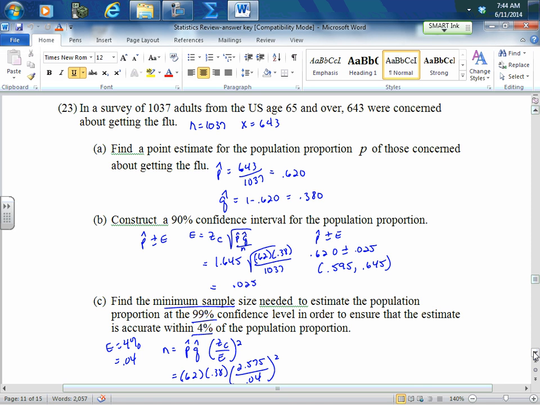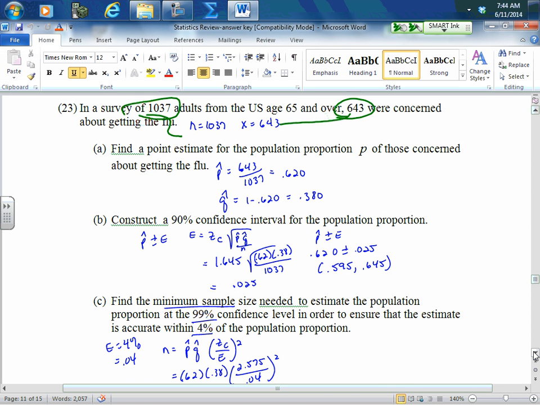All right, in a survey of 1,037 adults, there's your n. 643, there's your x. So we find a point estimate for your proportion. You don't know anything about your population, so you use your sample.